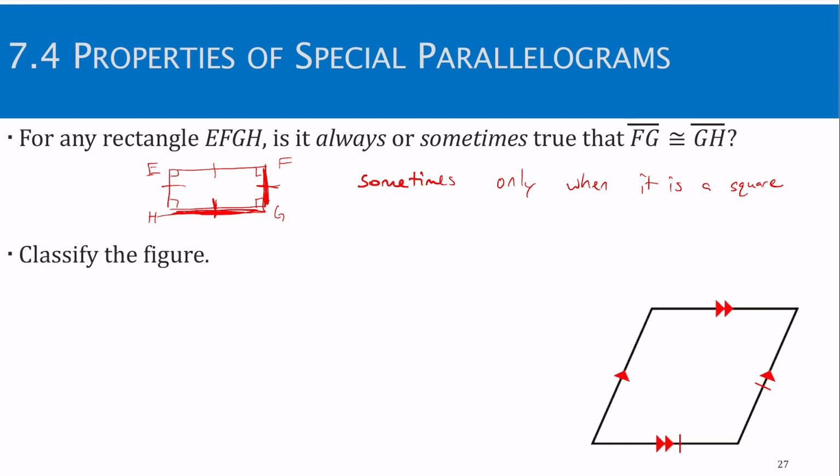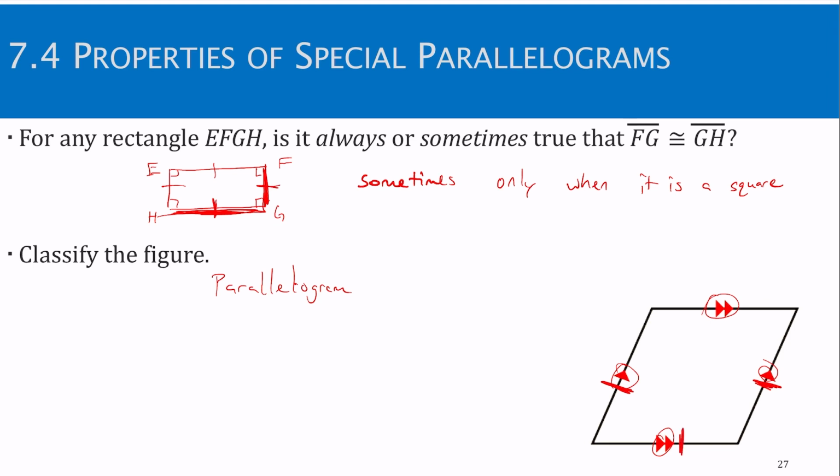Let's try another. Classify this. Well, since I know the opposite sides are parallel, then that tells me it is a parallelogram. And if it's a parallelogram, then opposite sides are congruent. So this side has 1 mark, so this side should have 1 mark.